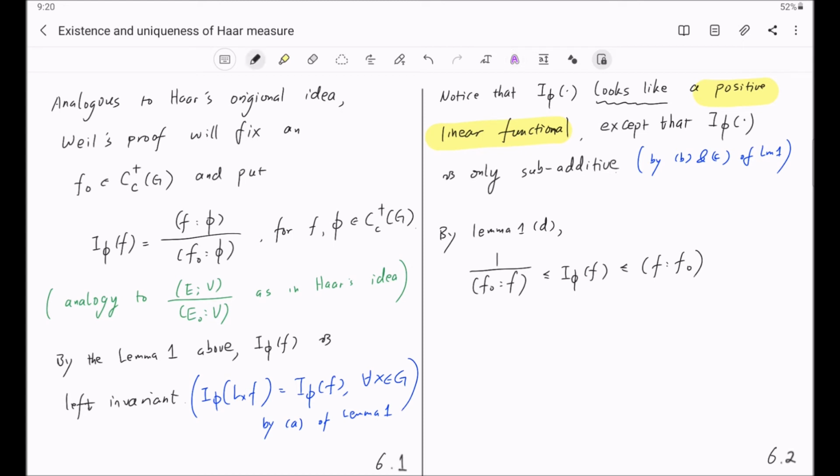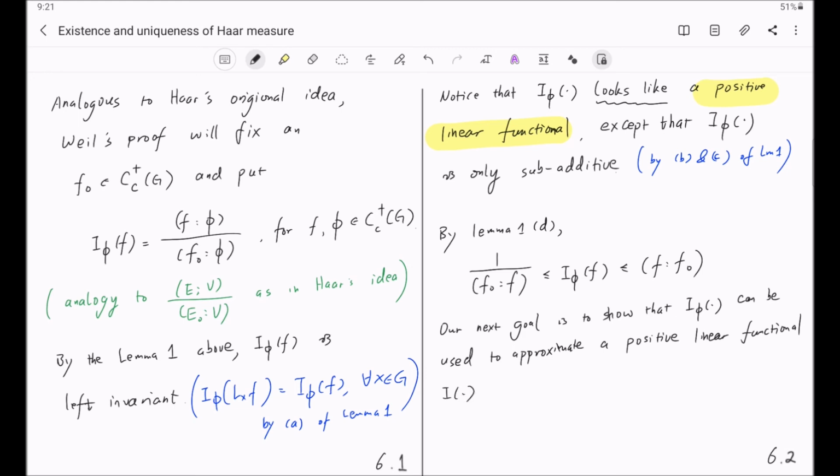Let me carefully write this down. Our next goal is to show that I sub phi can be used to approximate a positive linear functional, denoted I, which, with the help of Riesz Representation theorem, will generate the Haar measure as desired.